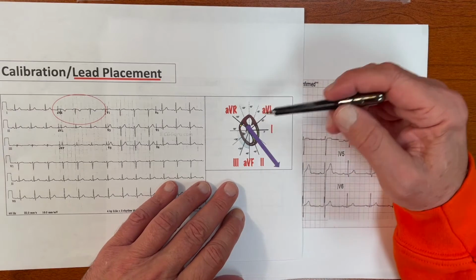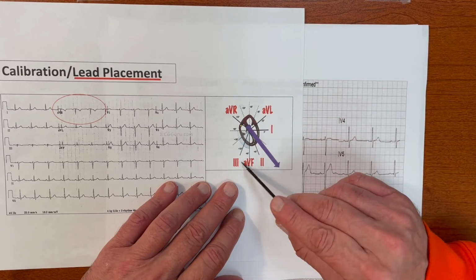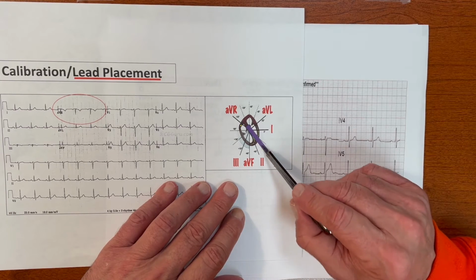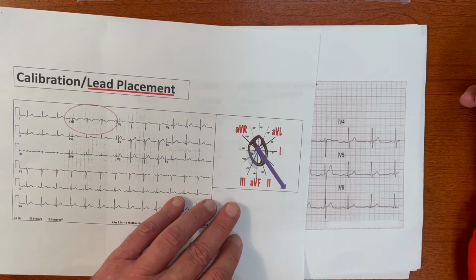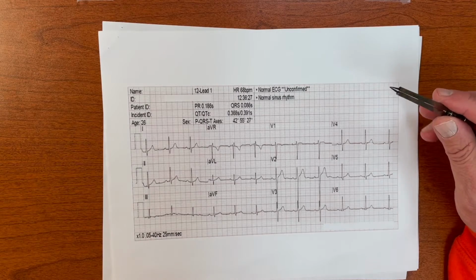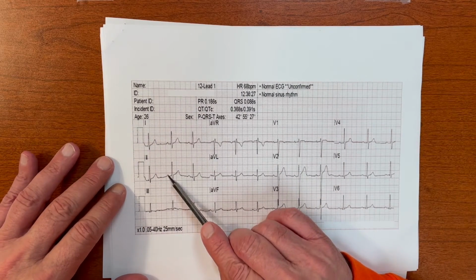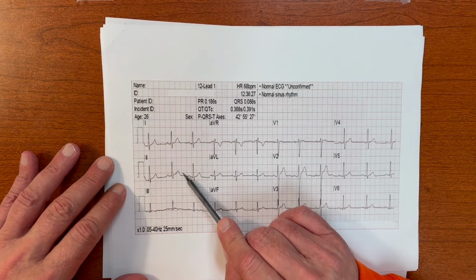So what would you anticipate the P wave would look like in limb lead 2, which is almost directly lined up with this axis? I think it would look positive in lead 2. Sure, it would be a positive P wave. Very good. And here in limb lead 2, we see a positive P wave. Good. So we have sinus rhythm.